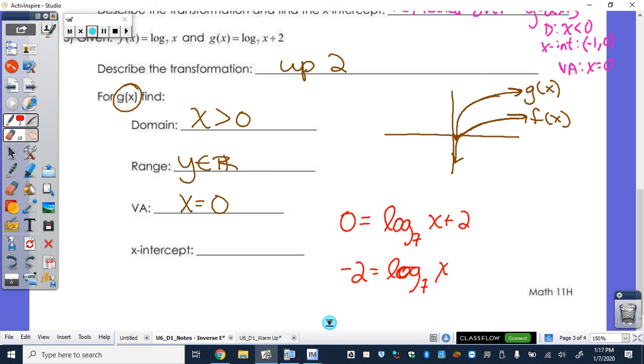What's the other way we could write this? 7 to the negative 2 equals x, put in our exponential form. So then 7 to the negative 2 is 1 over 49. So that's where your x-intercept is going to be. So 1 over 49 comma 0.